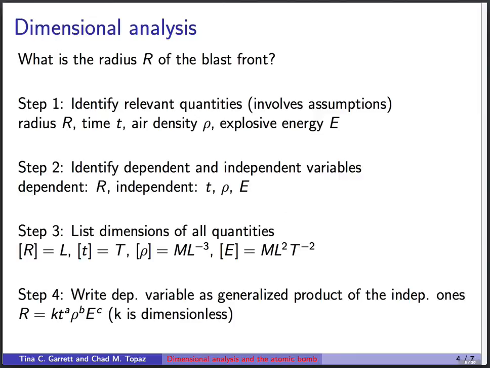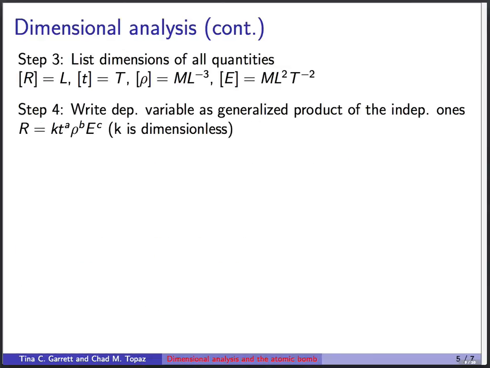Step 4 is to write the dependent variable proportional to a generalized product of the independent ones, just like you've done before. So radius is a dimensionless constant k times t to the a, rho to the b, E to the c, where the exponents a, b, and c are the things that you are going to try to determine. This is what G.I. Taylor did. I've repeated steps 3 and 4 for you here for convenience.